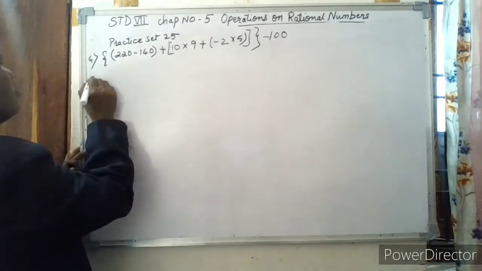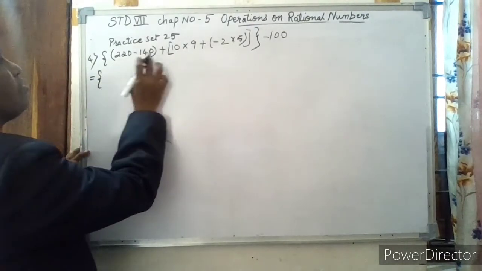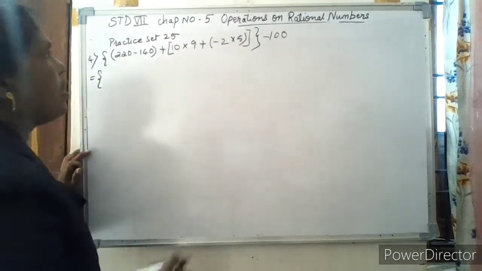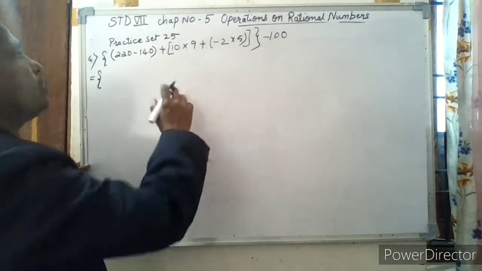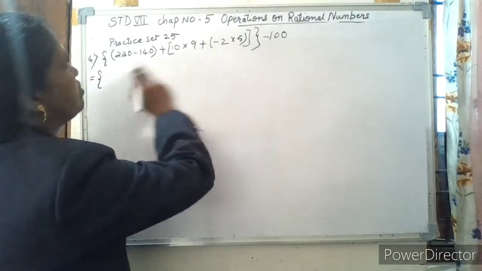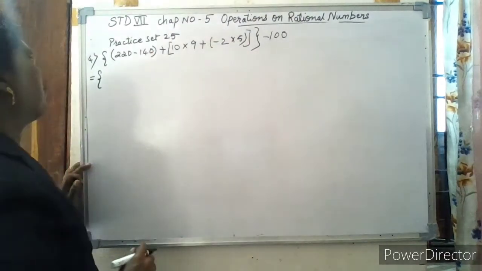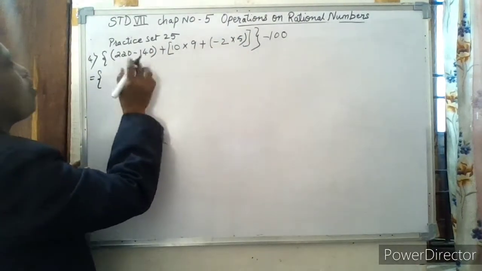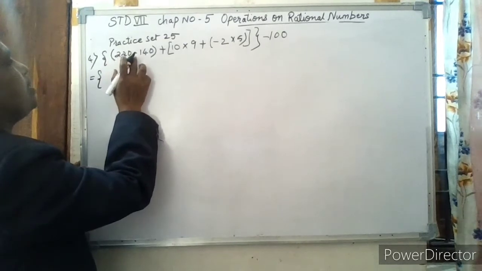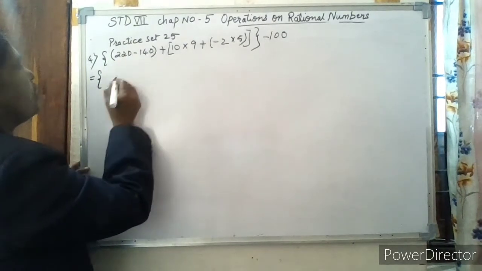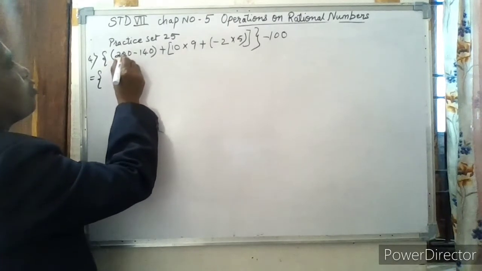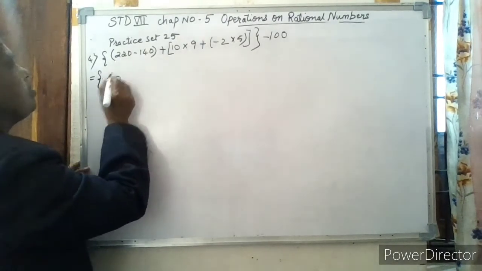So here you can see round brackets are there 2 times. So first remove the round brackets, then we'll go to the square bracket and then last the brace bracket. So this you solve, you get 220 minus 140 directly. So 0 minus 0 is 0. Here borrow 1, 12 minus 8, 12 minus 4 is 8.